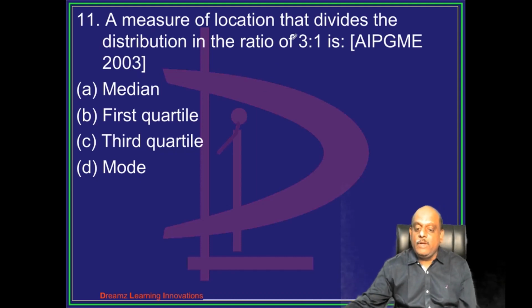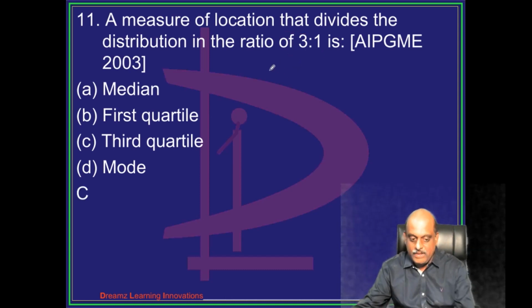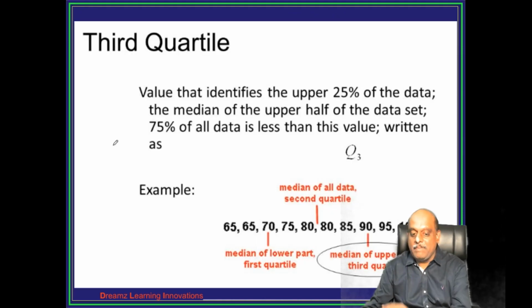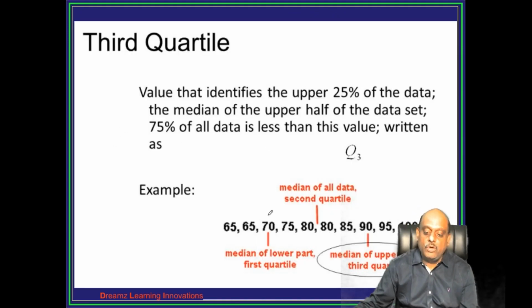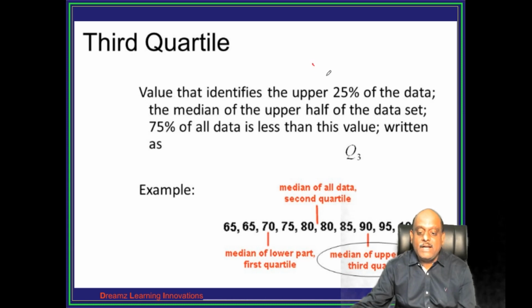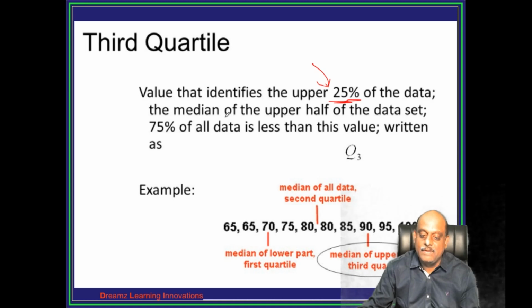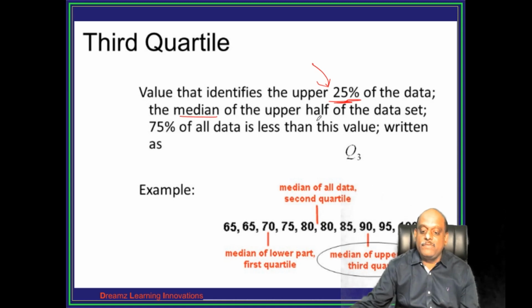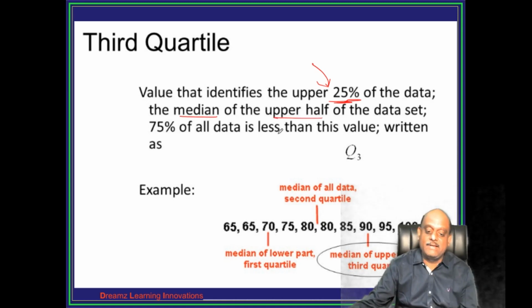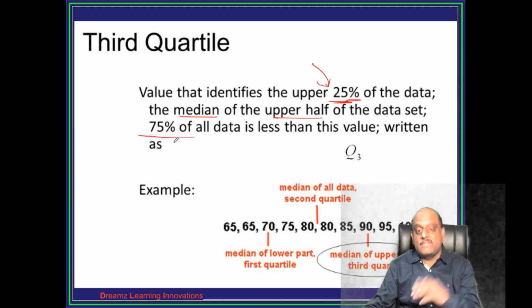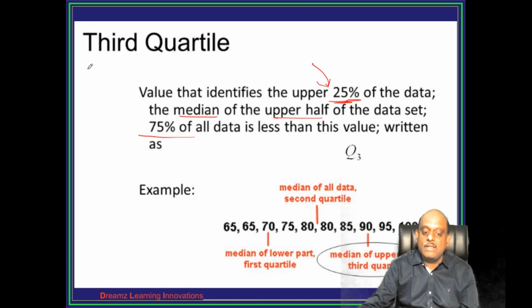Now, what is the measure of the location that divides the distribution of the data in a ratio of 3:1? That is called third quartile, is what you should remember. So, the value that identifies the upper 25% of the data, the median of the upper half of the data set, where 75% of all of the data is less than that value, is called third quartile.